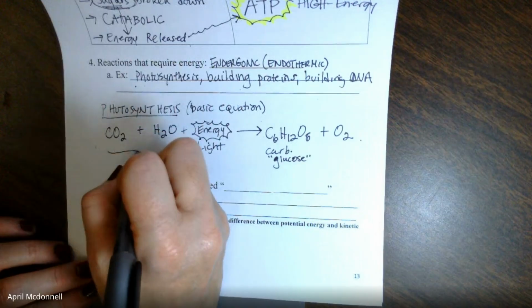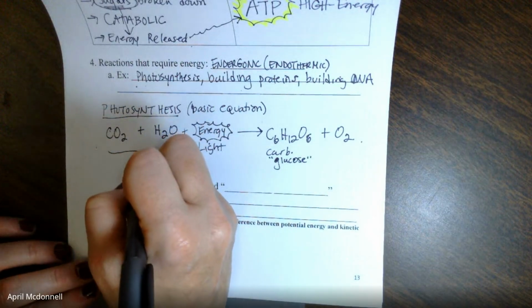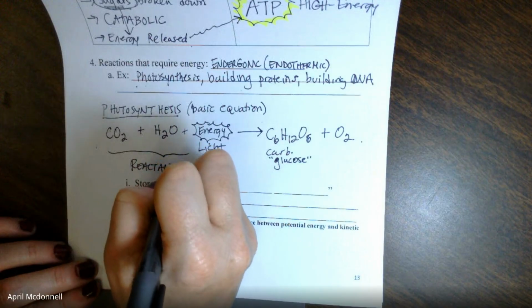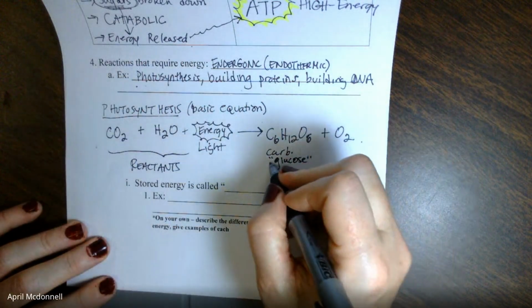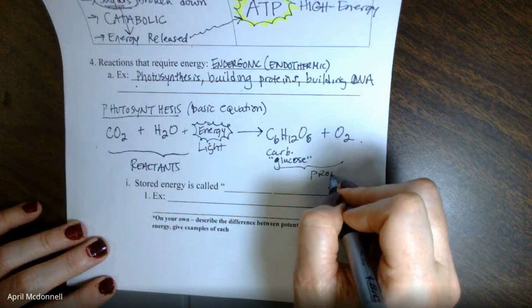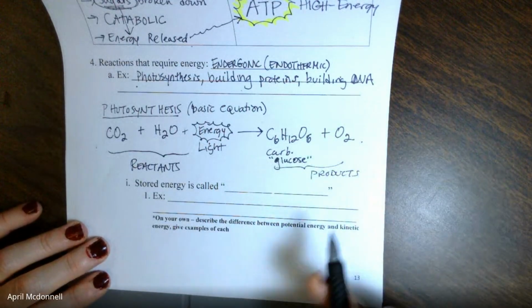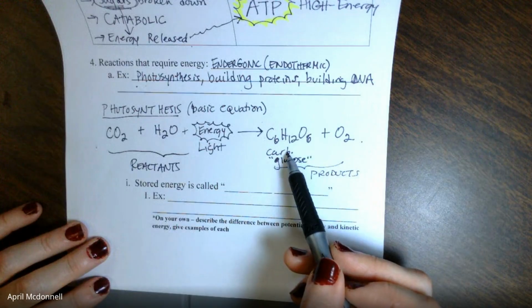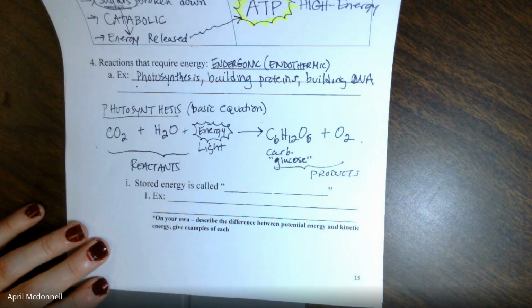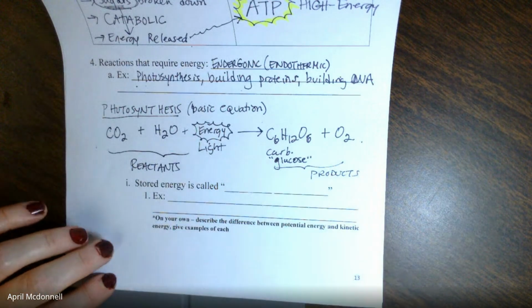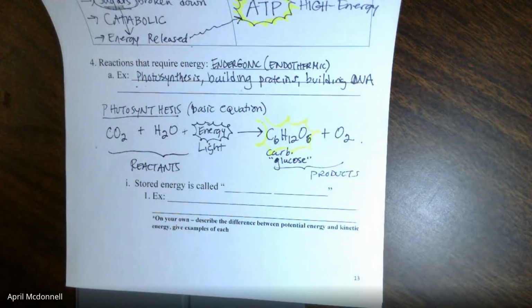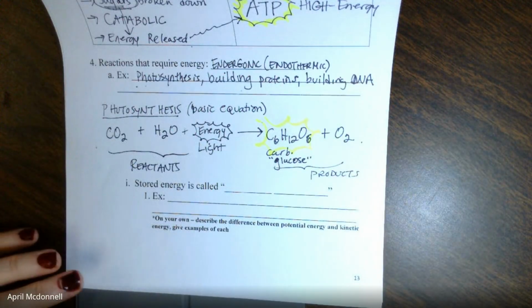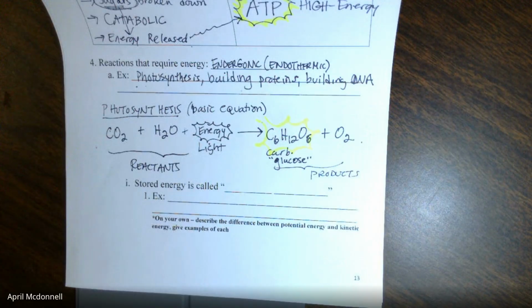Please keep in mind that these are the reactants of our overall photosynthetic equation, and these are the products of photosynthesis. Various carbohydrates and the oxygen gas that we breathe. So let's not forget that glucose is a very high energy molecule and it ends up storing energy.